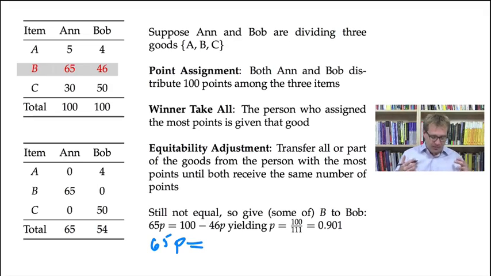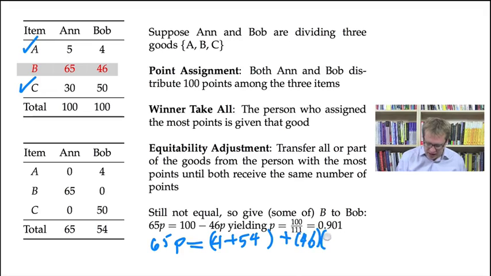How many points will Bob have after the transfer? He's going to have 4 plus 50, which is 54, because he has all of item A and all of item C, plus whatever portion of B he receives. That's 46 times 1 minus P, because if Ann keeps the P portion of B, Bob is going to get the remaining 1 minus P portion of B. So this is equal to 54 plus 46 times 1 minus P, which is 100 minus 46P.